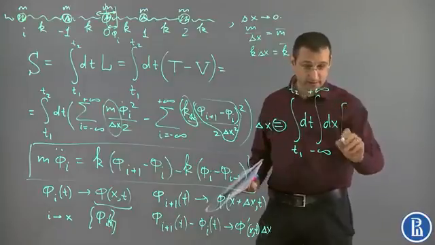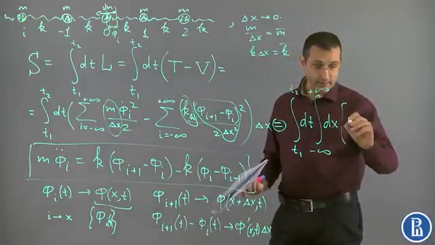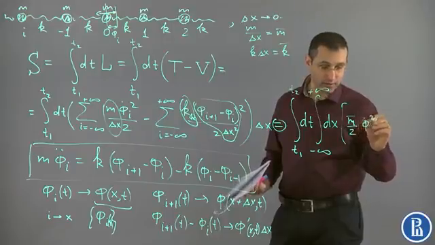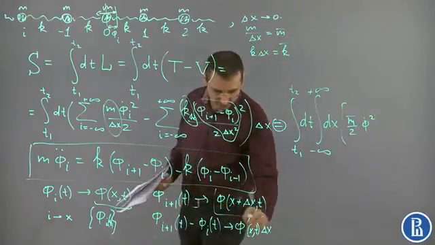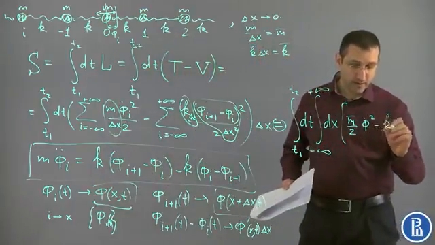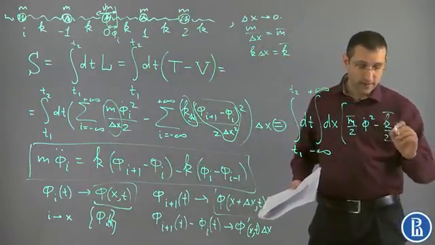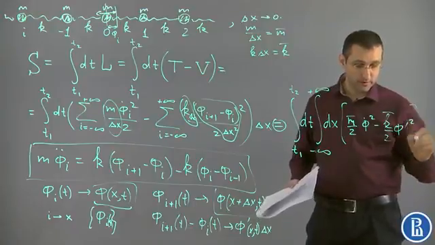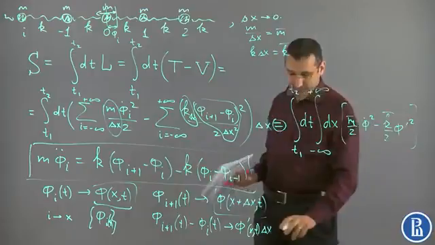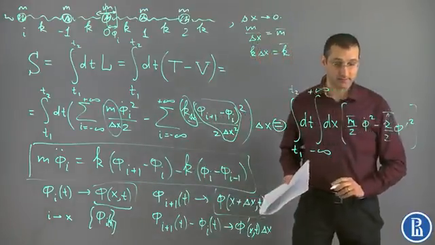And we obtain something like this: m bar over 2 phi dot squared, where phi is this field, minus k bar over 2 phi prime squared. Dot means the differentiation with respect to t, and prime means the differentiation with respect to x.